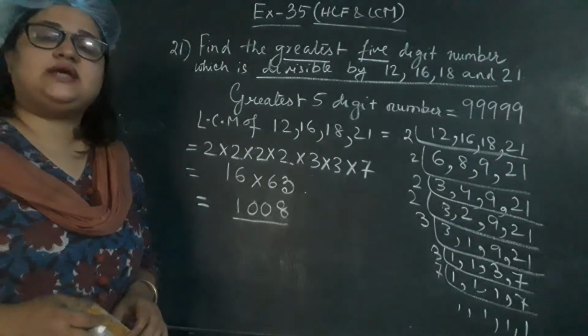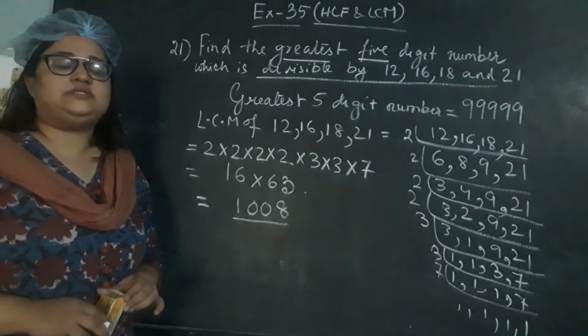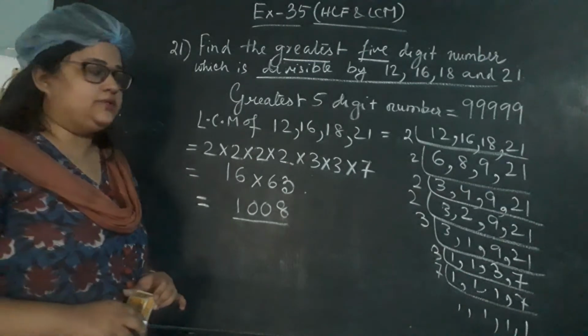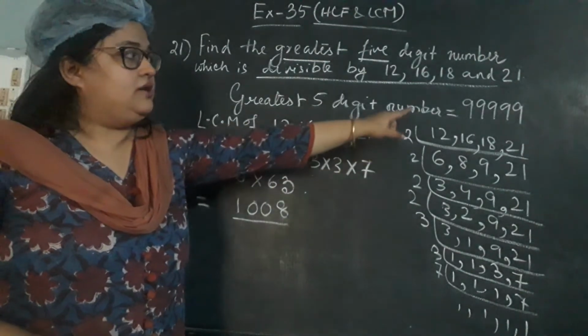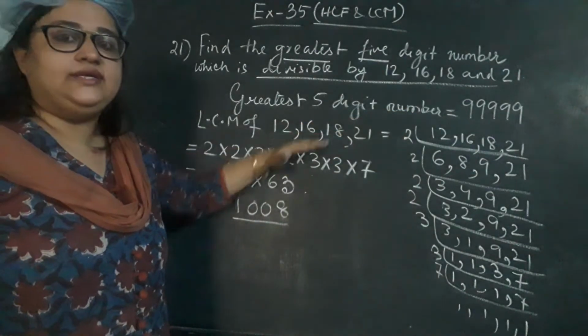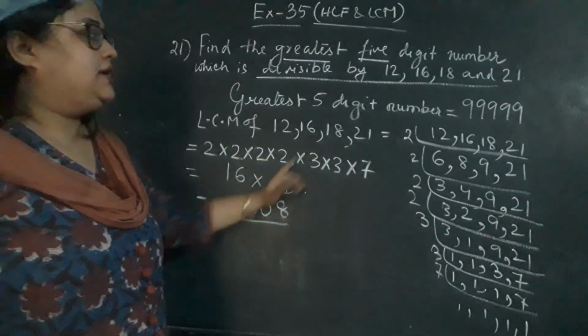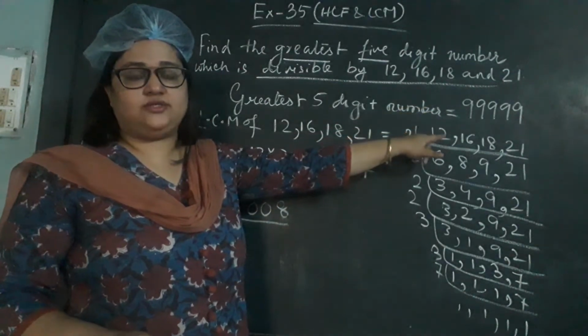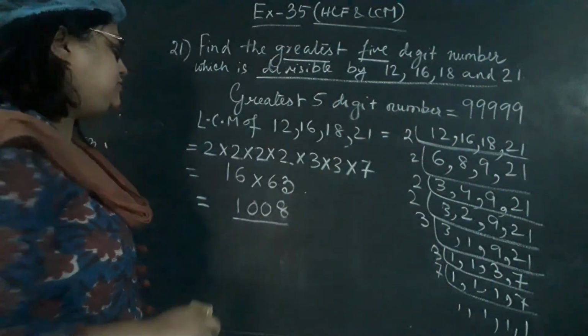How can we understand whether the number is divisible? If the remainder is 0, we say that the number is divisible. So instead of dividing by all the numbers, which will be a time-taking process, what do we do? We take the LCM of all the given numbers through which it has to be divided and checked, and with the LCM we will divide the greatest 5-digit number.